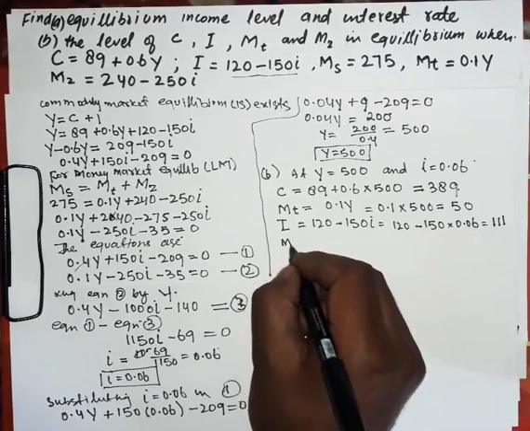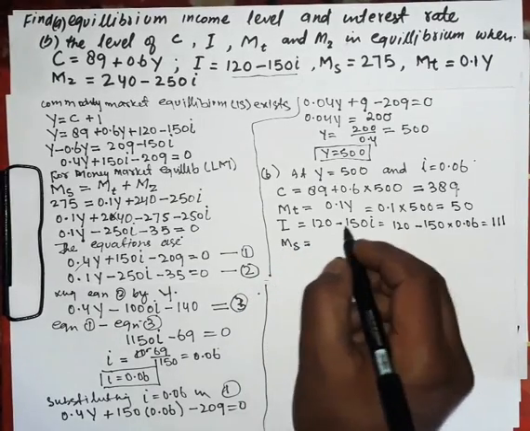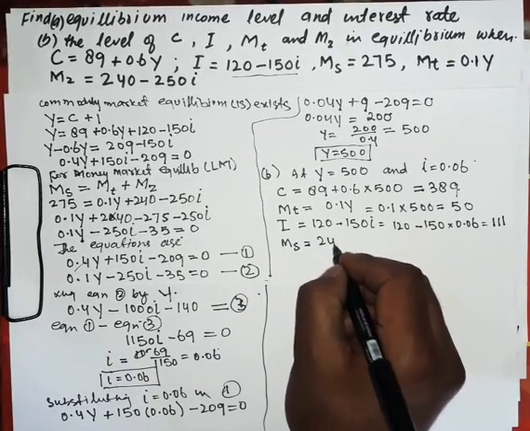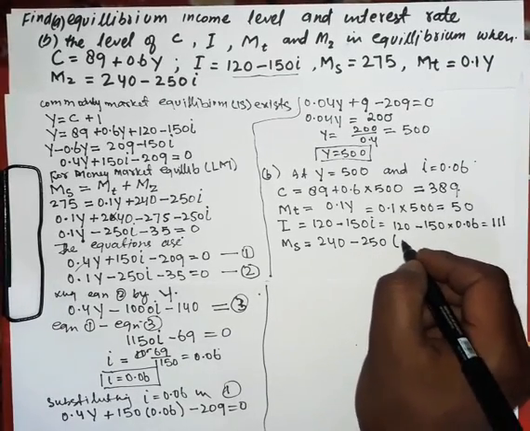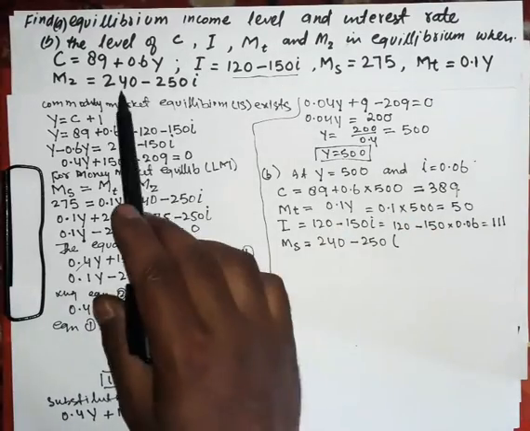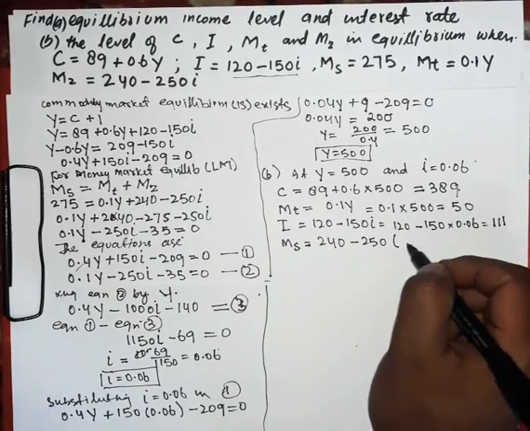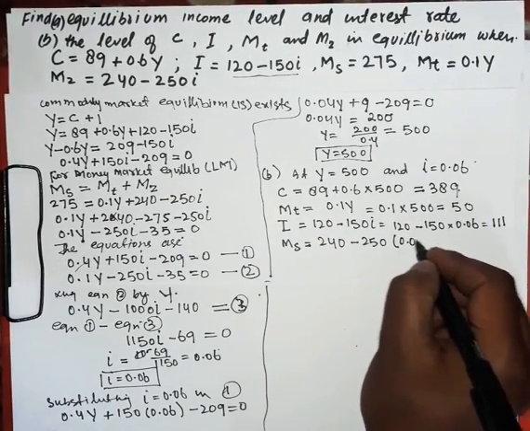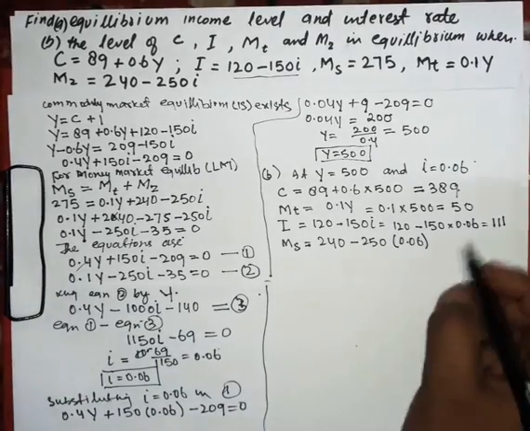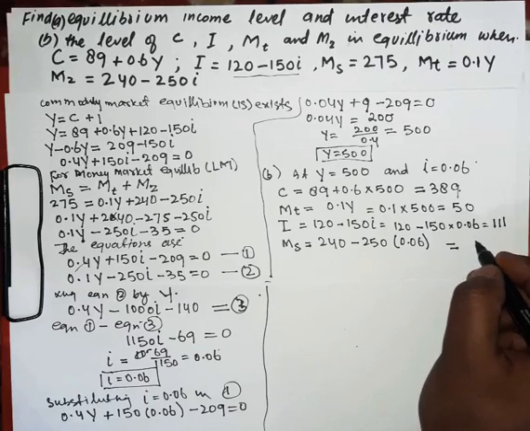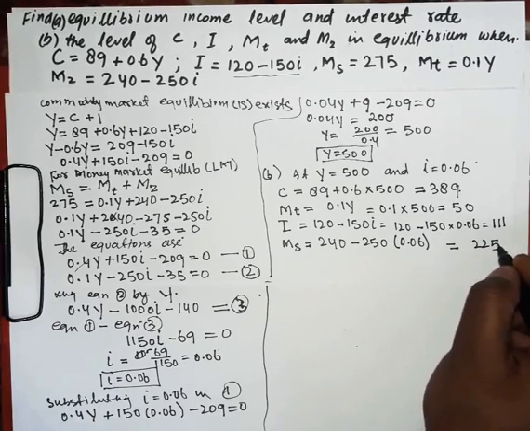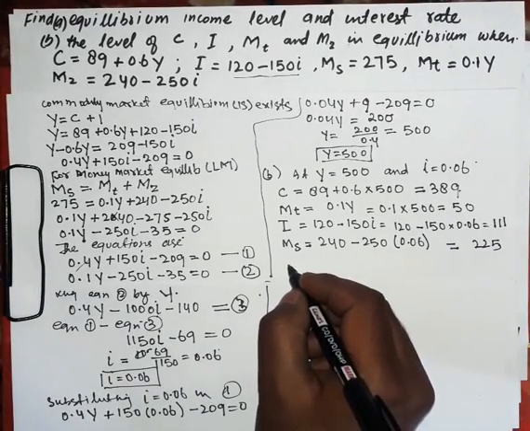Also the speculative demand for money, that is 240 minus 250 times the interest rate, where I is 0.06. When solving this, this will become 225.